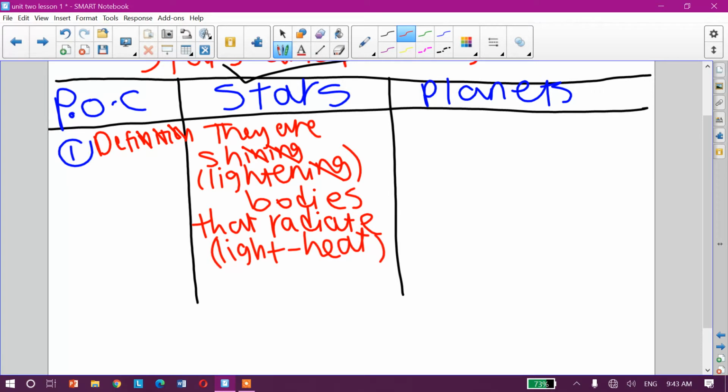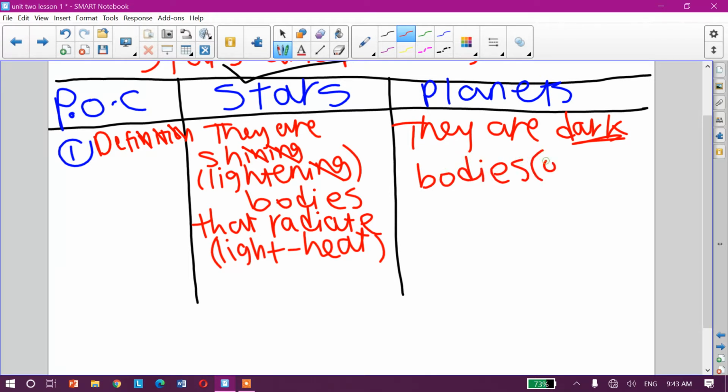Okay. Can we define planets together? Yes. They are dark bodies or objects that don't emit heat or light.